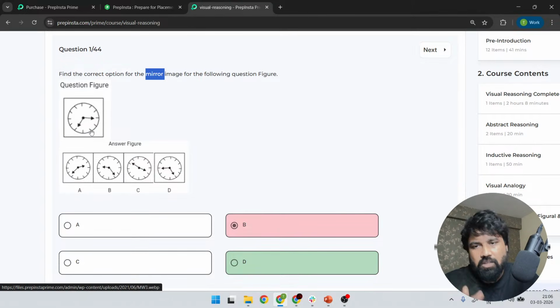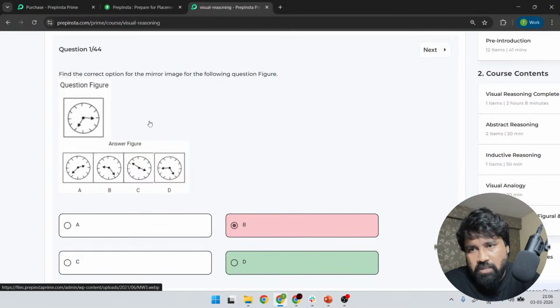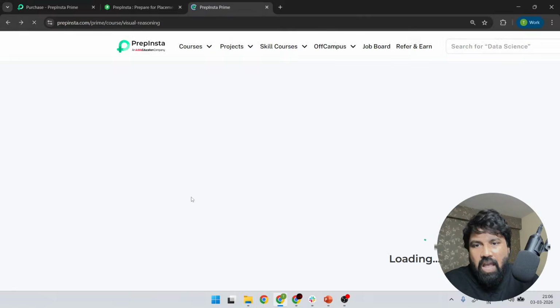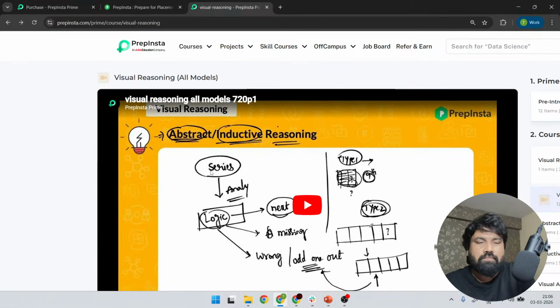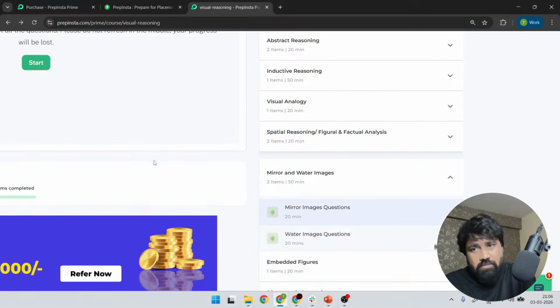Okay, guys, sorry for this. Both the hands are equal. Just look at the image. If both hands are equal, right, here there is no minute hand and no hour hand. Both hands are equal. So wrongly, I have chosen, even I am also doing it wrong.